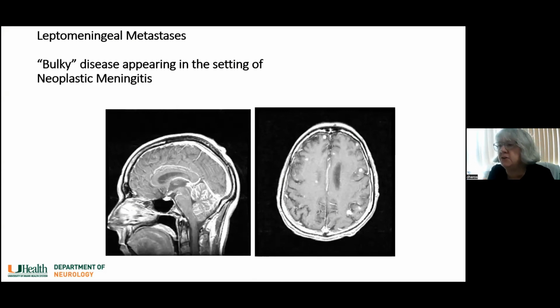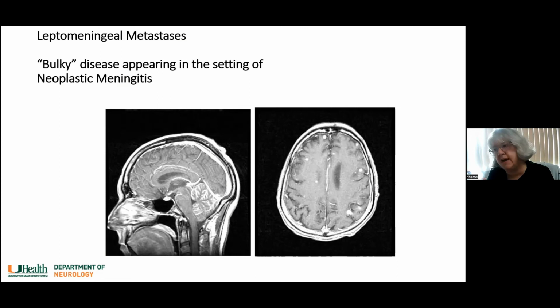This is a patient who presented with seizures, and the right hand MRI would suggest that there are multiple small metastases. But if you look at the location of the metastasis, they're actually located in the base of the sulci. And the sagittal MRI tells you that this is an extreme form of leptomeningeal disease.